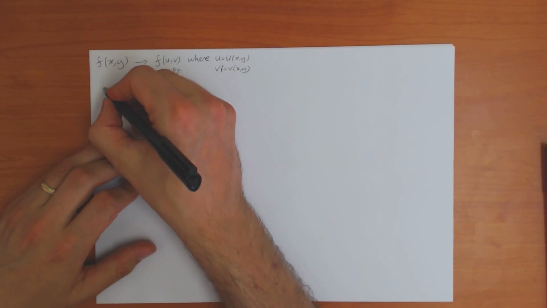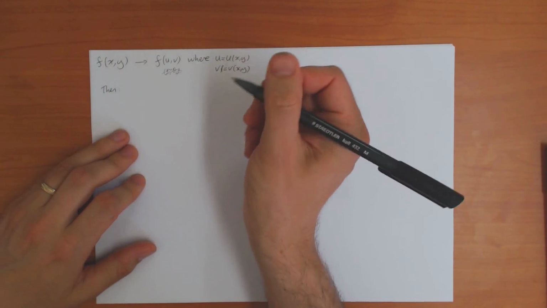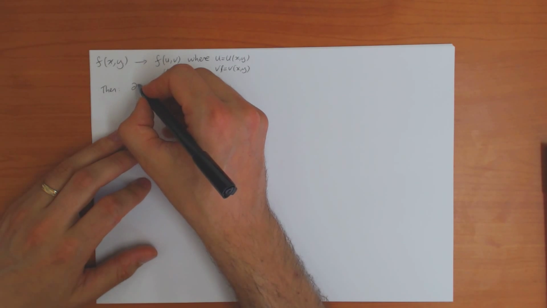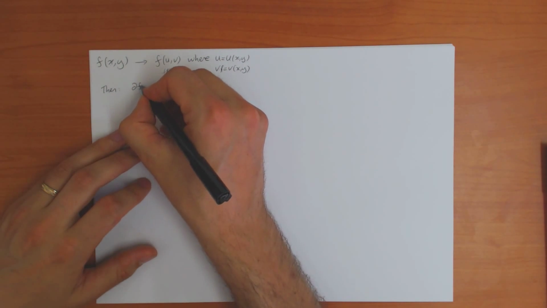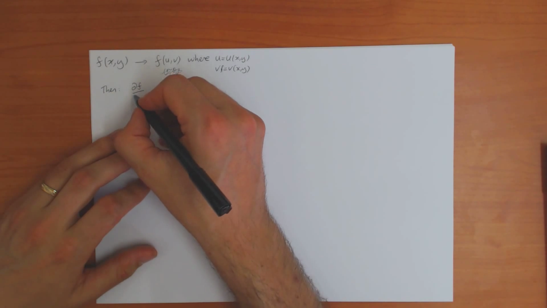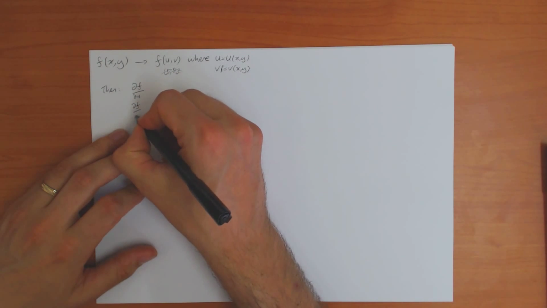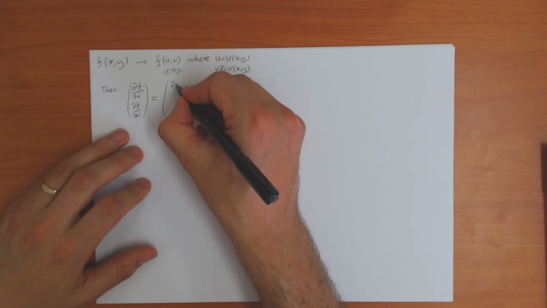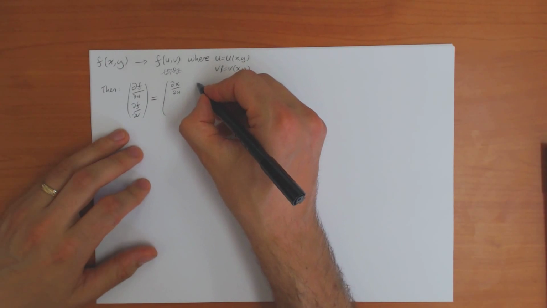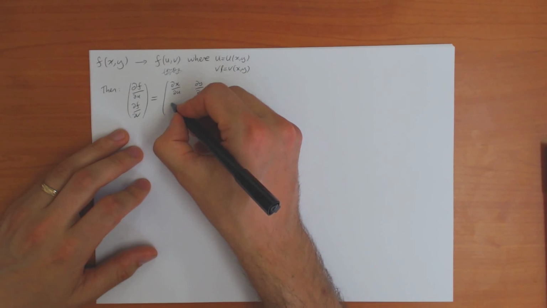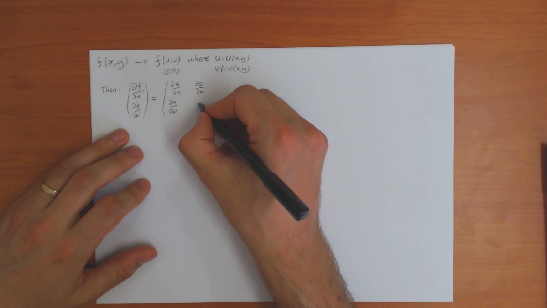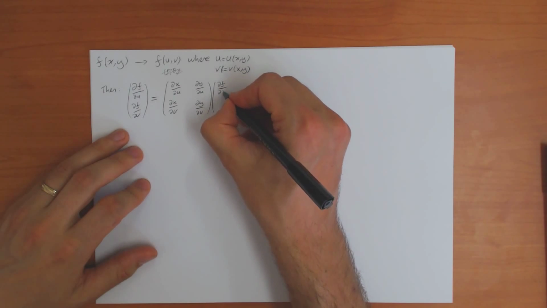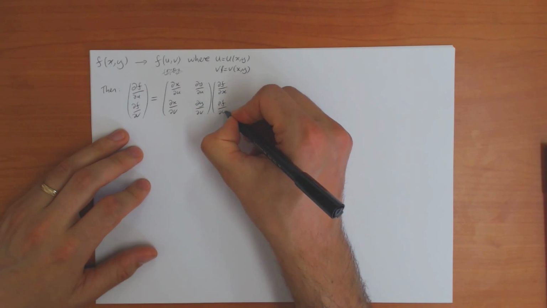And the formula you got, which uses the Jacobian, tells you that the derivatives df by du and df by dv, this is the generalization of the chain rule, should be equal to the matrix dx by du, dy by du, dx by dv, dy by dv, times df by dx, df by dy.